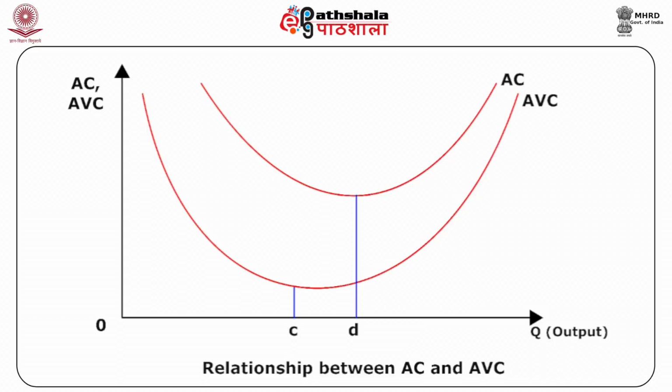AFC by itself is falling and AC has already started to rise. So therefore, we see that the AC rises later, AVC begins to rise before that, but they are both U-shaped cost curves and they both have a minimum point. Only the minimum point of the AC arises later than the minimum point of the average variable cost.